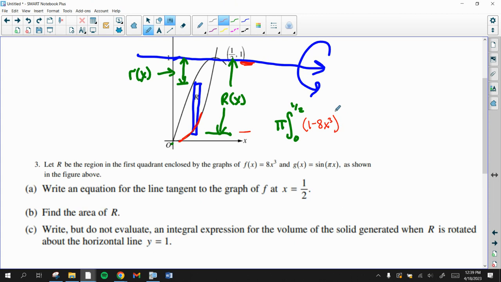You have to square that. And then minus little r of x, which is right here. Top is 1, minus the bottom, which is on the sine graph. So minus sine of pi x, you have to square that, with respect to x. So there you go.